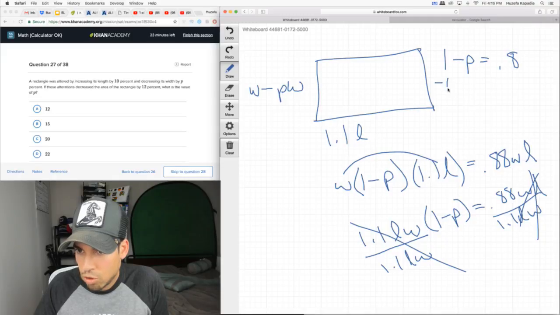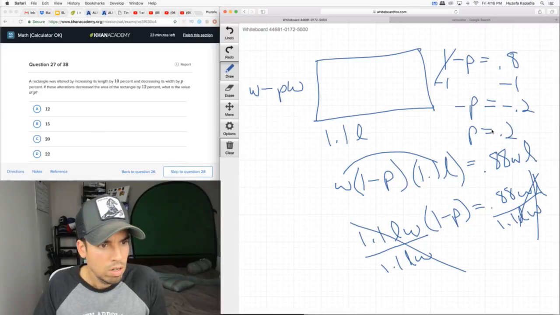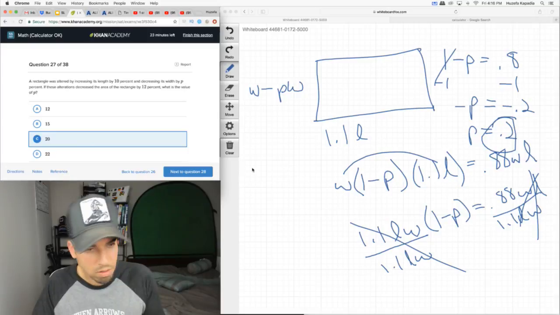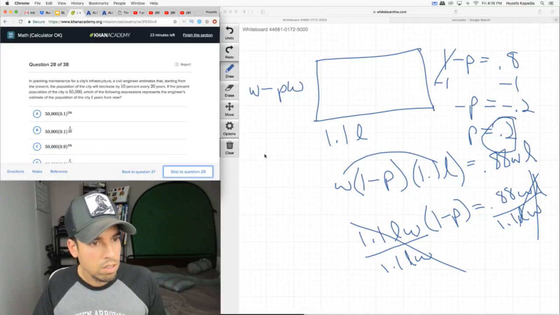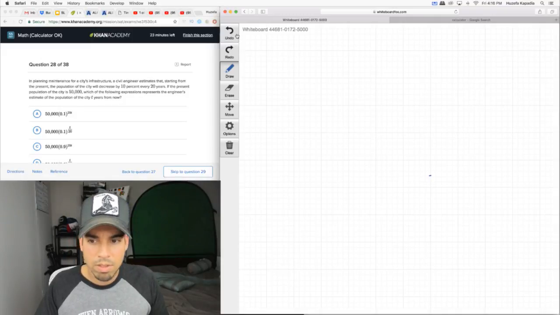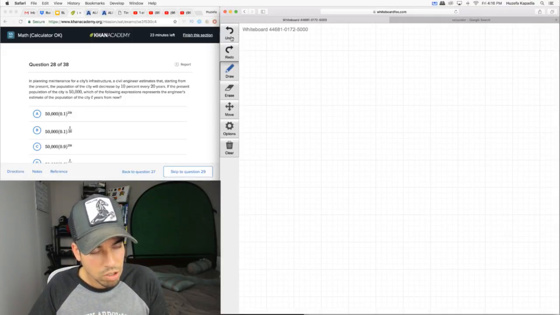And then we subtract 1: negative p equals negative 0.2. Therefore, p equals 0.2, which is 20%. Ugh, okay, these are tough. I've done these before, but it was a while ago, and they're hard problems.